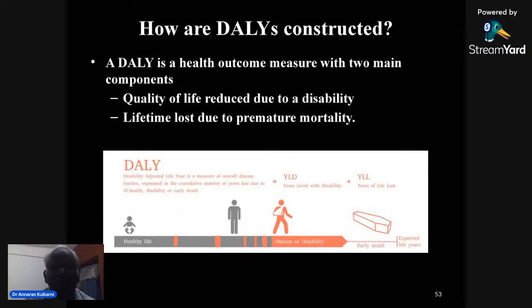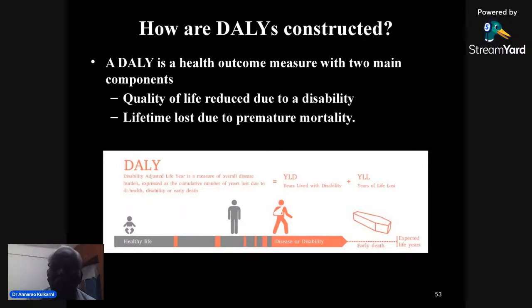The end is here. The first few years the person is healthy, then he gets a bout of illness here, illness here, illness here, and at this particular point he develops a major disease and disability, which continues till he dies early.